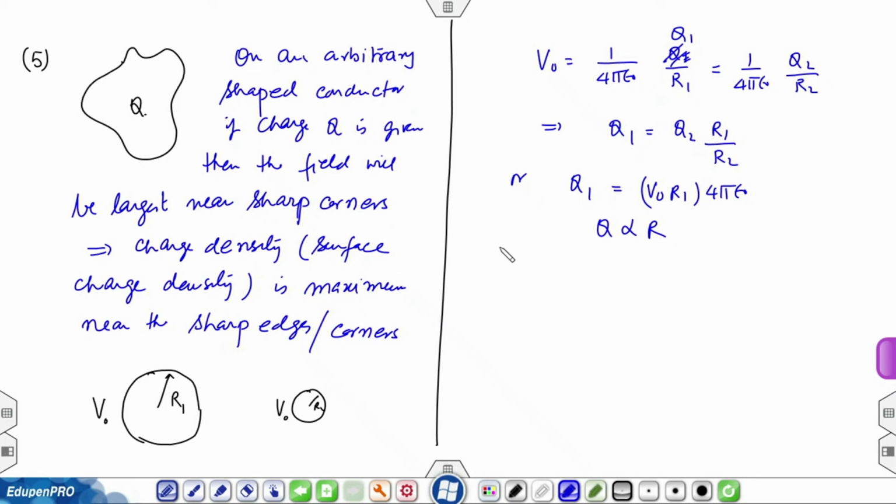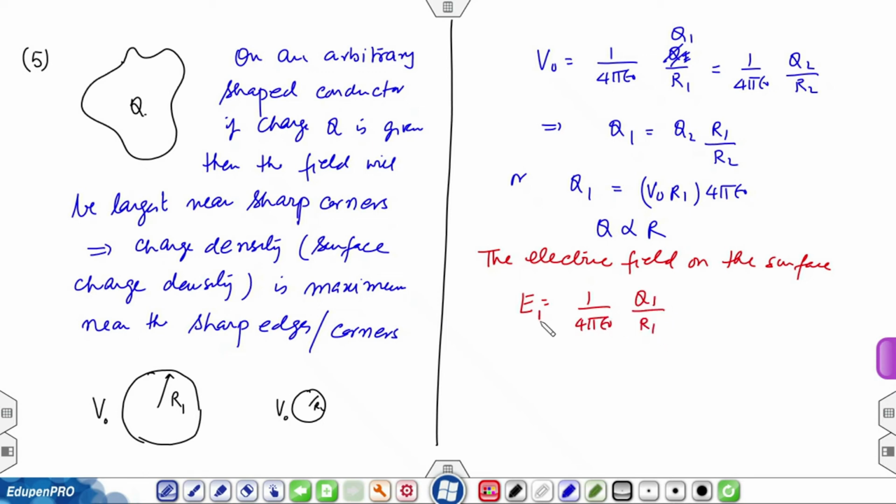And therefore, the electric field on the surface, E 1, which is 1 over 4 pi epsilon 0 q 1 over r 1 square, is going to be equal to 1 over 4 pi epsilon 0 r 1 square times V naught r 1 4 pi epsilon 0.